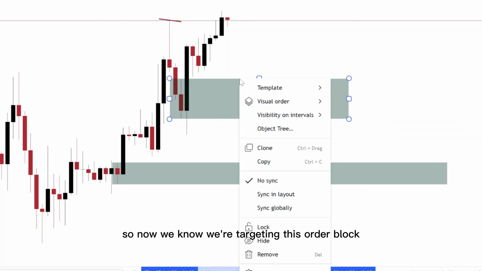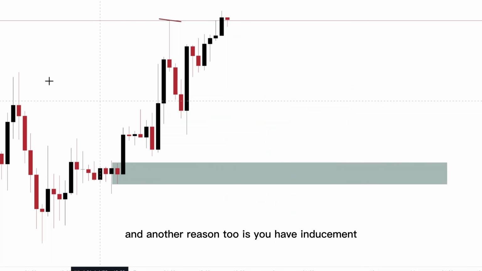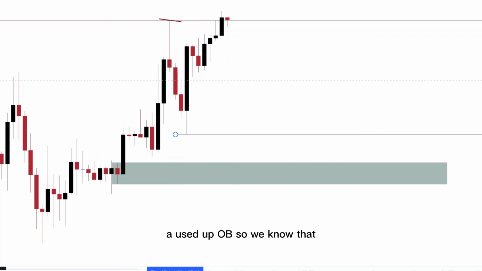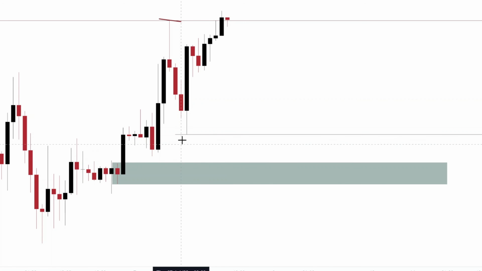So now we know we're targeting this order block. And another reason too is you have inducement. What is inducement? A used up OB. So we know that there's liquidity resting right here.